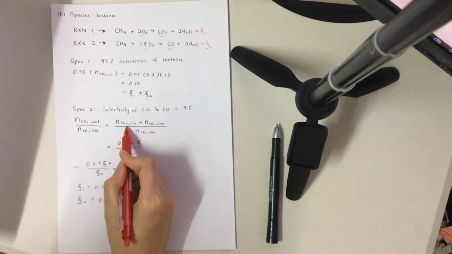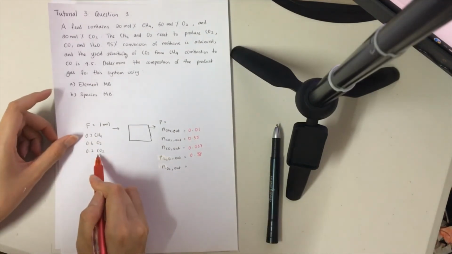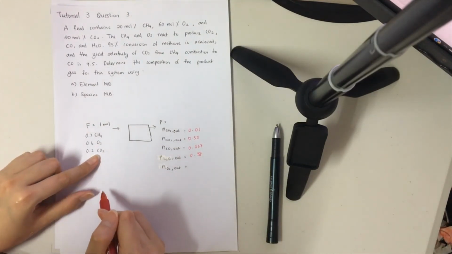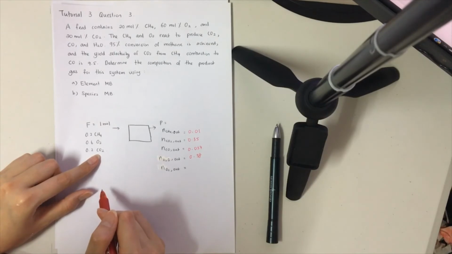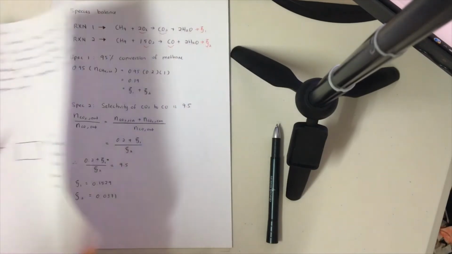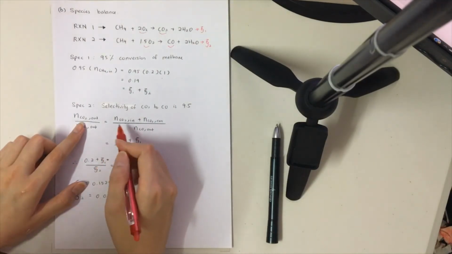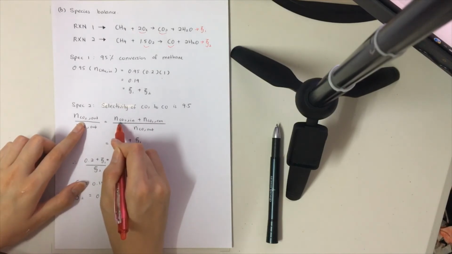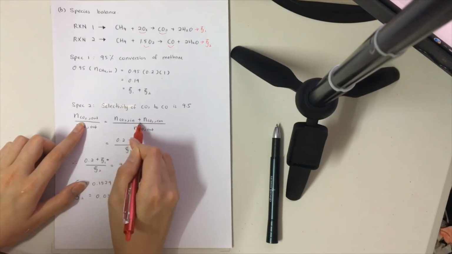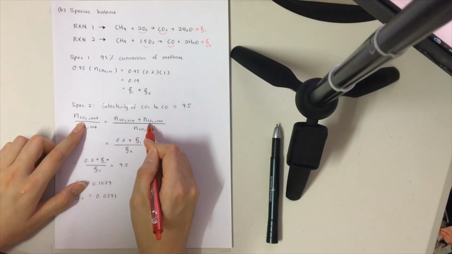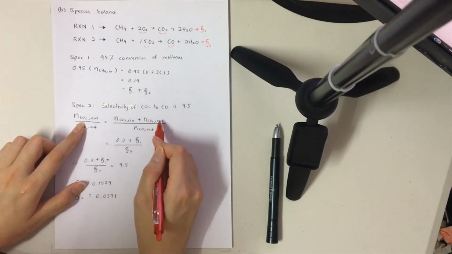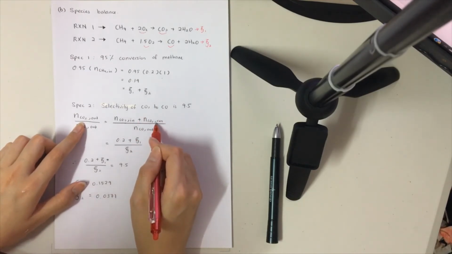In our question we know that we have CO2 contained in the feed as well. Therefore, what comes out is the result of what goes in plus the number of moles of CO2 that is produced during the reaction.